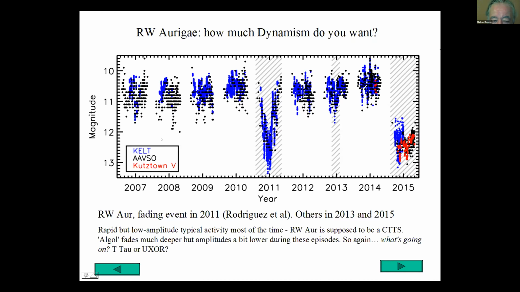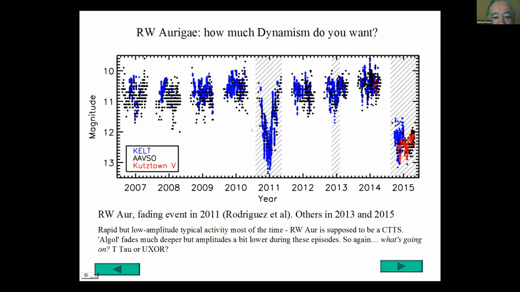So RW Auriga, again, it was thought of as being a T Tauri star. It's a low mass object, so technically that would make it a T Tauri star. Its variations are a bit more interesting or exciting than those of T Tauris. You know, it varies a bit more and a bit faster, but it certainly hardly ever does this.